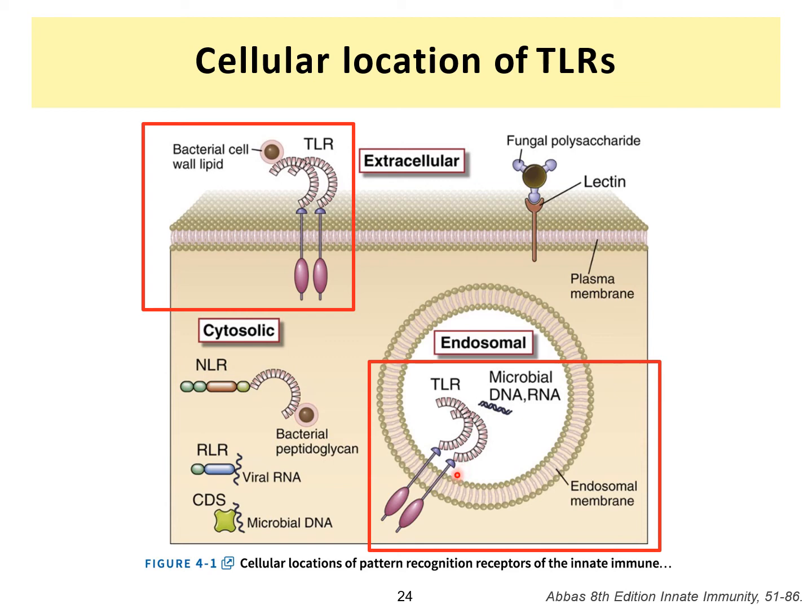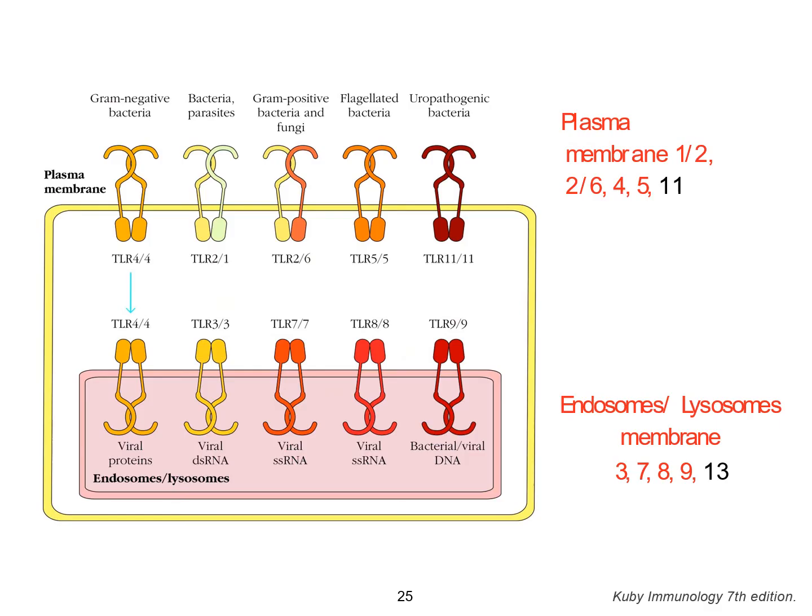Here the exterior domain is present facing the inside. As we saw in the previous picture on the host cell, the part which is present exteriorly will be facing the inside of the microbe, in the endosome or lysosome membrane.